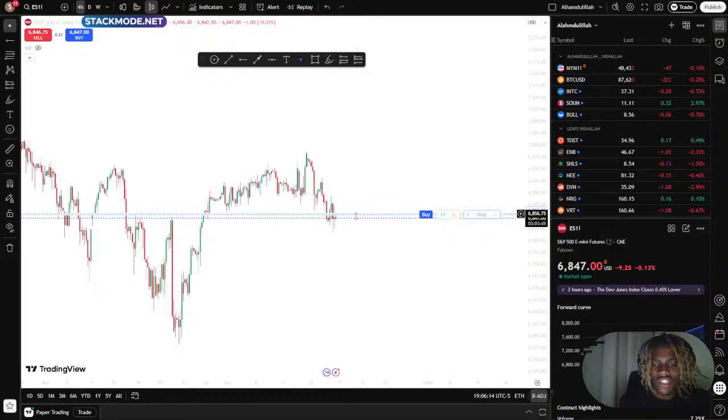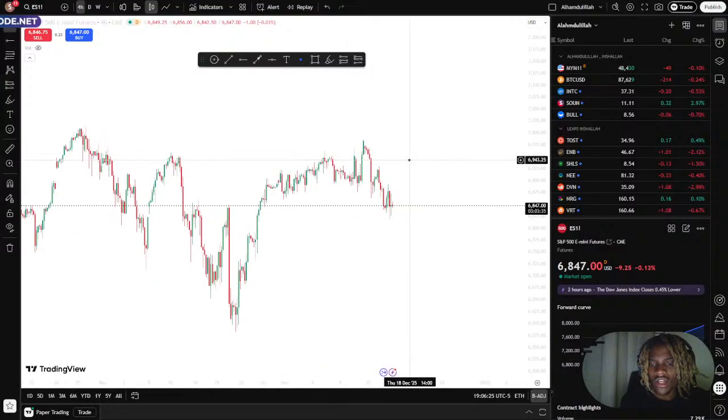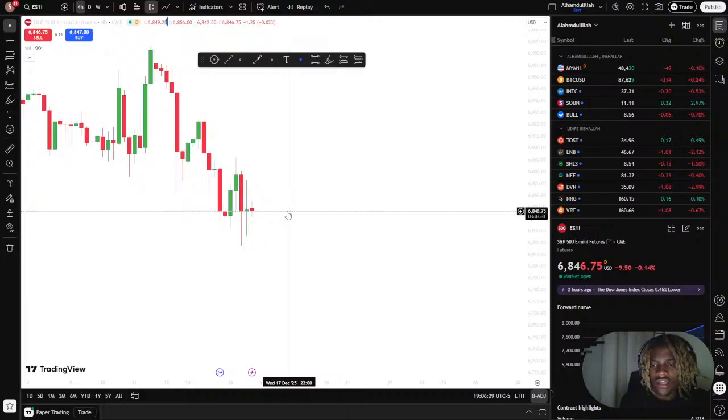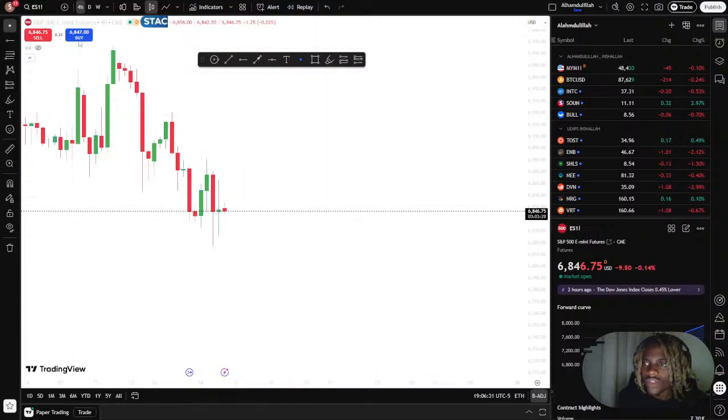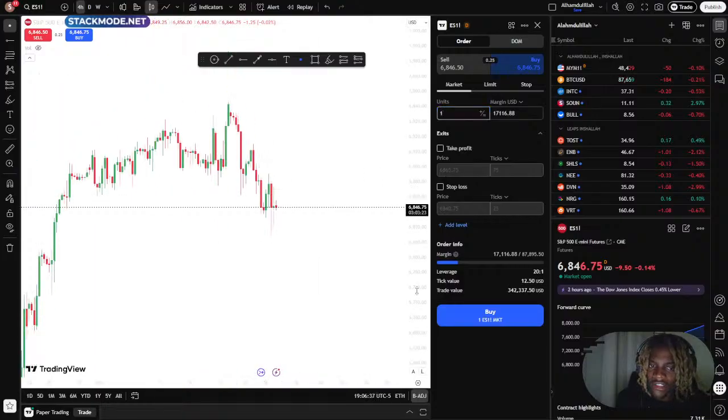All you would do is right click on the screen and put in the order that you want. You could just click buy like this, and it'll buy, and then you'll put your stop loss as well.